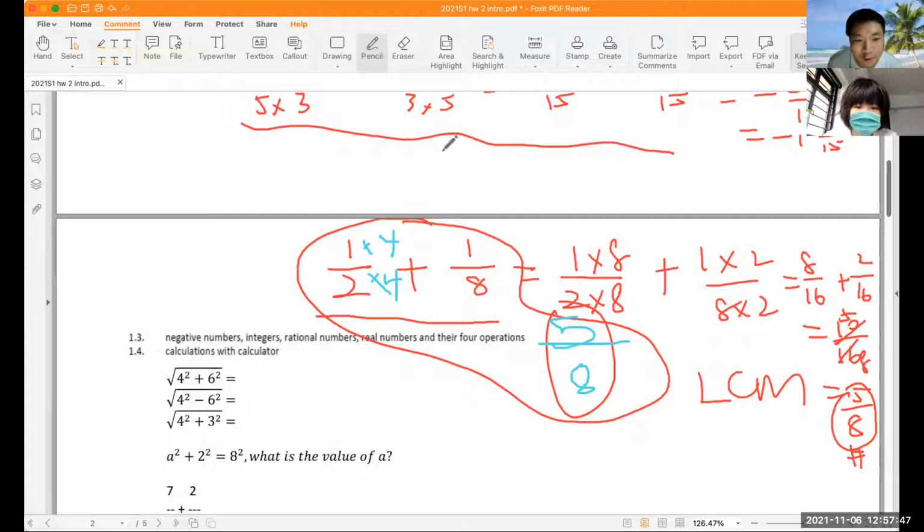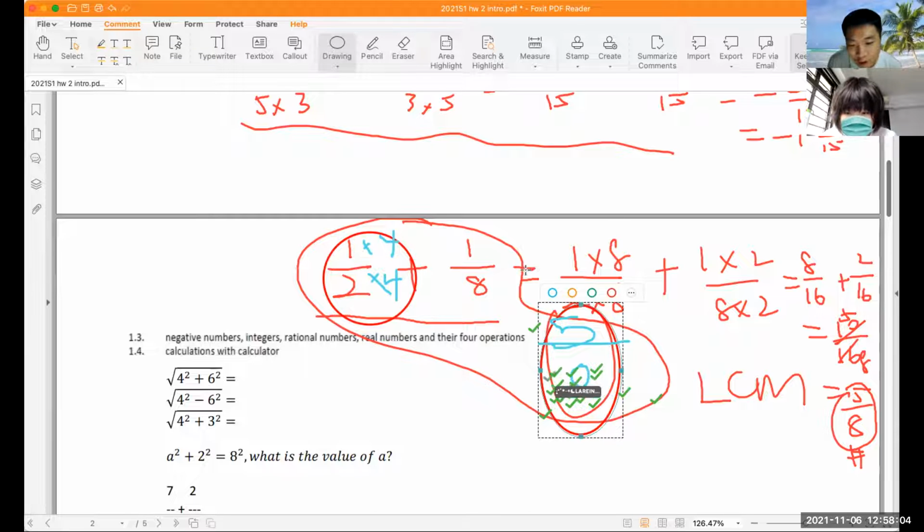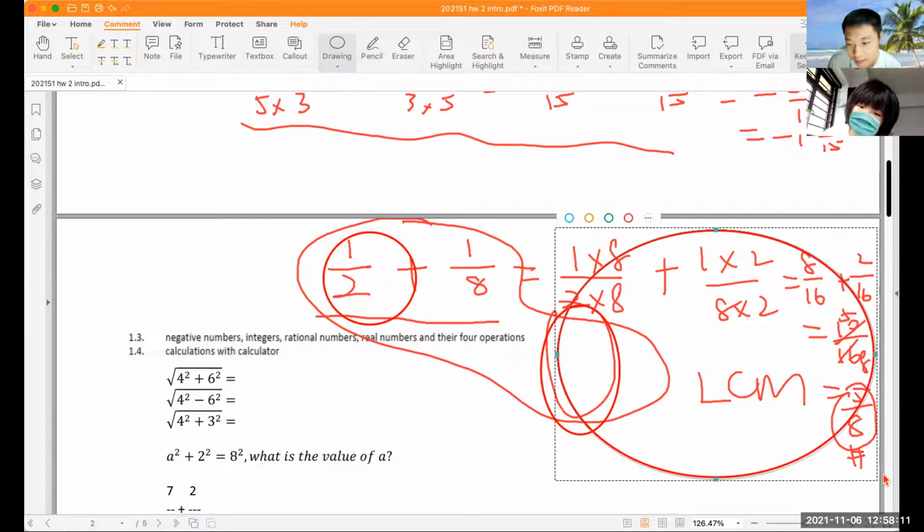So you kind of understand, if you know the concept of LCM, you just need to do this, and then you can get the answer very fast. But if you don't know the concept of LCM, then you have to go through all these steps, and in the end you still have to simplify.